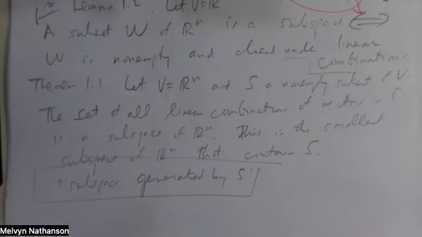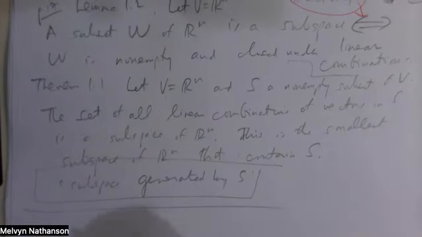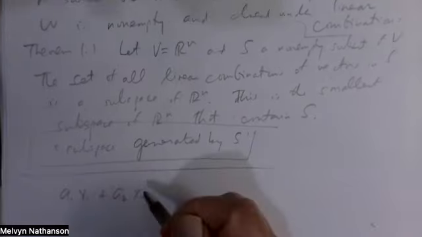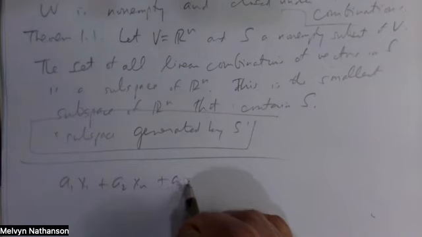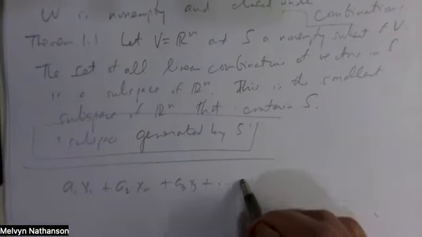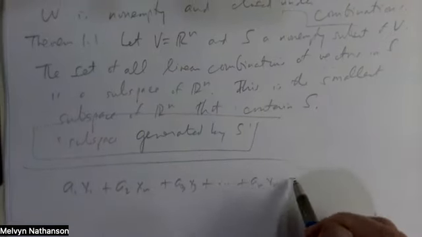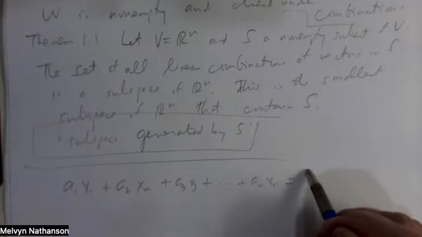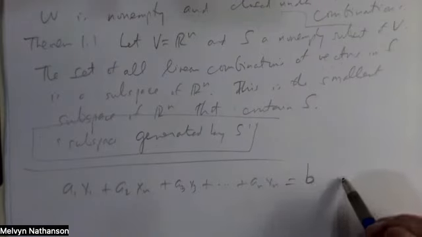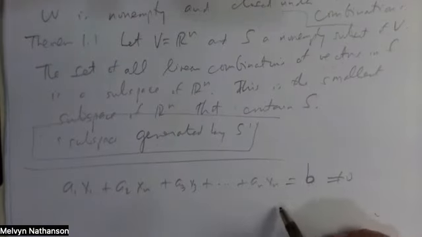And the theorem says that if you have a homogeneous linear equation, the set of solutions is a subspace. Remember, a homogeneous linear equation in n variables looks like a1 x1 plus a2 x2 plus a3 x3 up to an xn equals 0. This is homogeneous. But suppose the right-hand side is not 0, it's some number b different from 0.